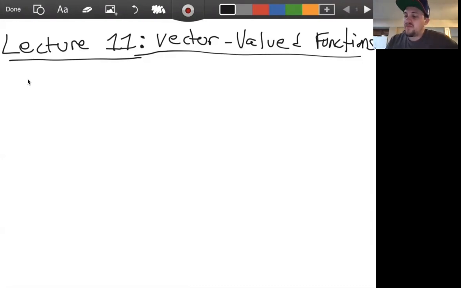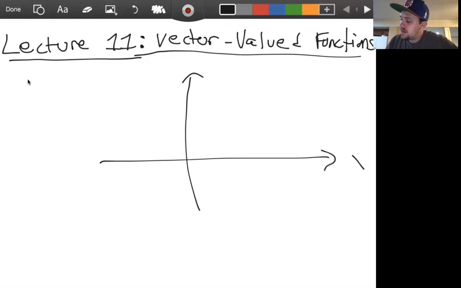So let's start with defining what a vector valued function is. And I'd also like to think about this geometrically as we define certain things. Let's start in 2 dimensions, say x and y, okay?